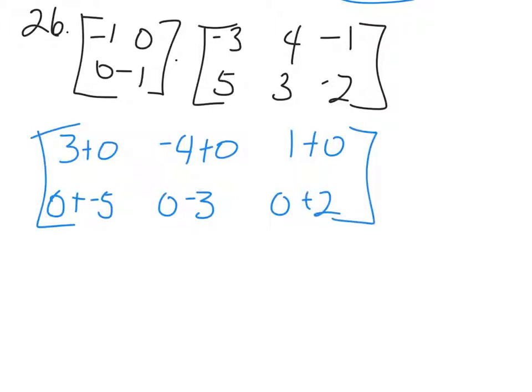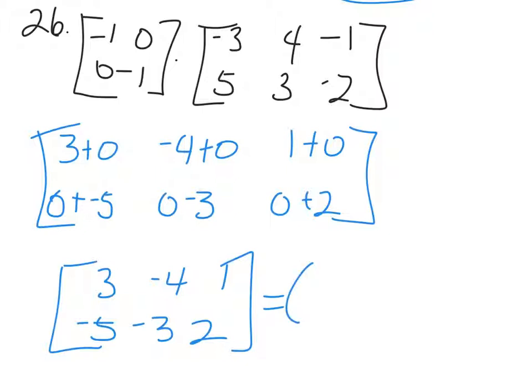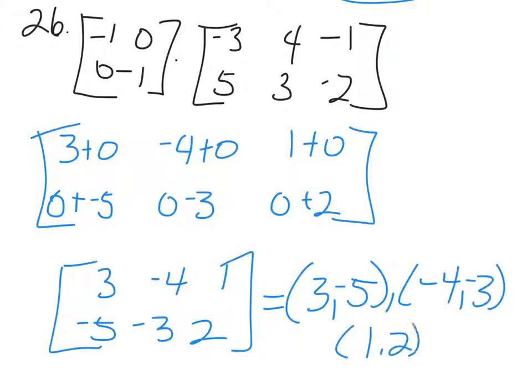Okay, so these are the easiest matrix multiplications we do because it's all zeros and ones, negative ones. So our ordered pairs are 3, negative 5, negative 4, negative 3, and 1, 2.